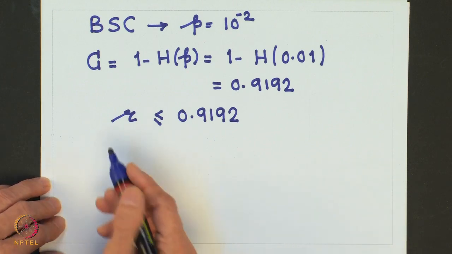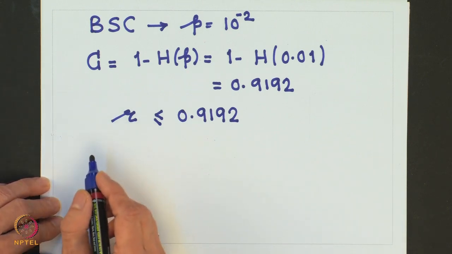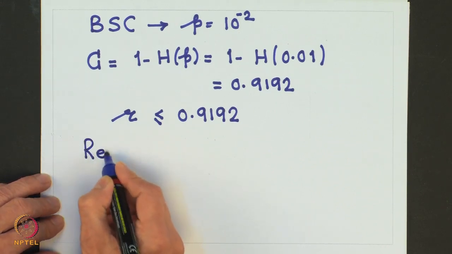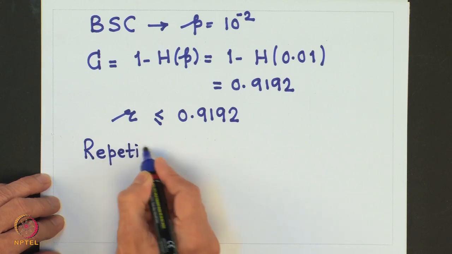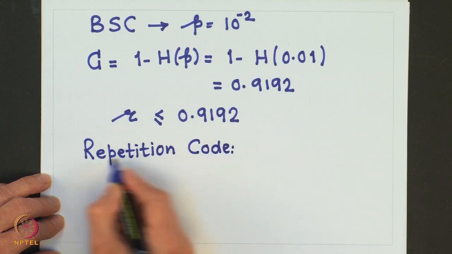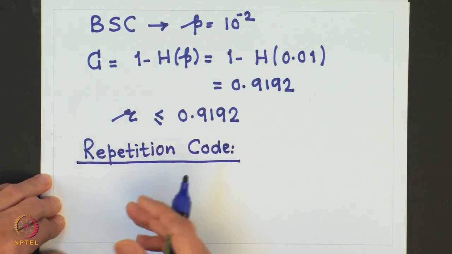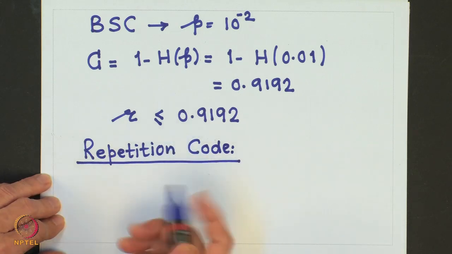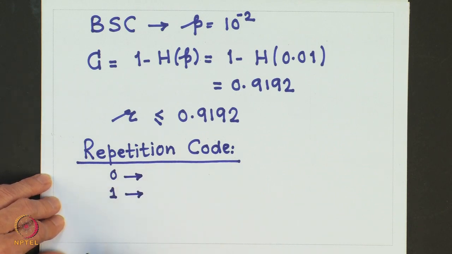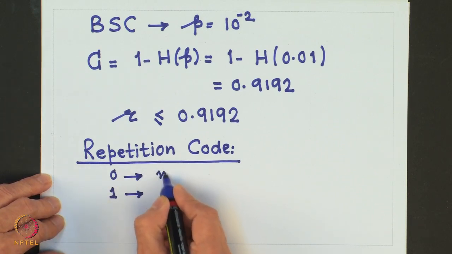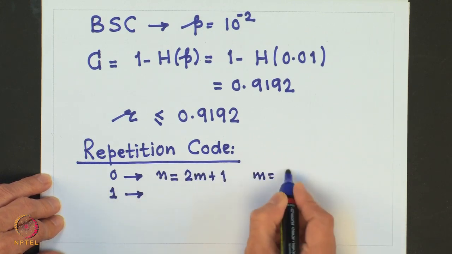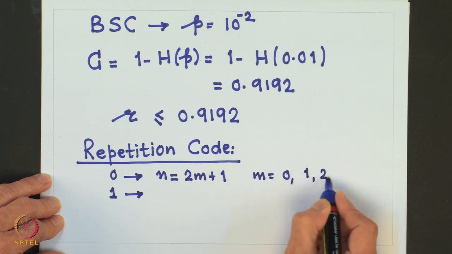Now, let us take a simple example of channel coding in the form of what is known as a repetition code. In this coding, any binary digit, say 0 or 1, is transmitted n times, where n is equal to 2m plus 1, where m can be 0, 1, 2 and so on.